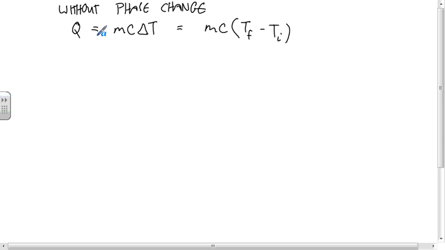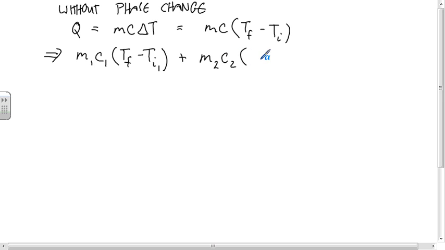So the calorimetry equation then says the mass of the first material times its specific heat times T final minus the initial temperature of that first material, plus the mass of the second material times its specific heat times the final temperature minus the initial temperature of the second material, is equal to 0.